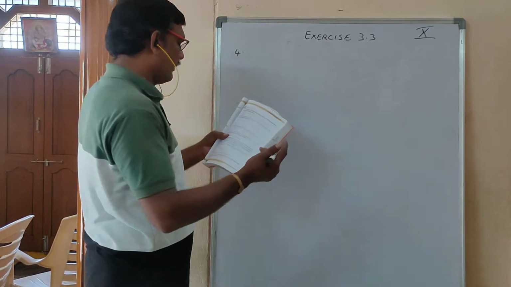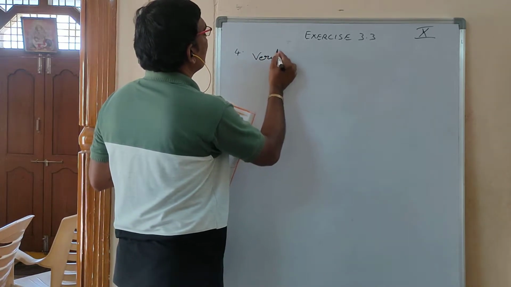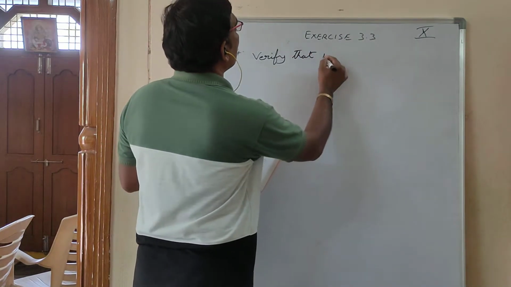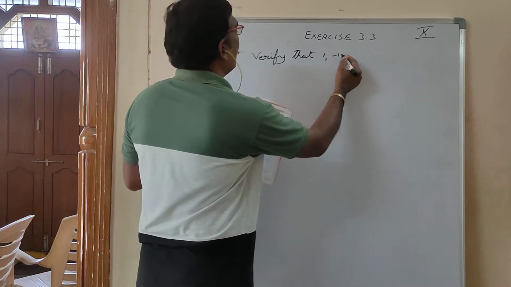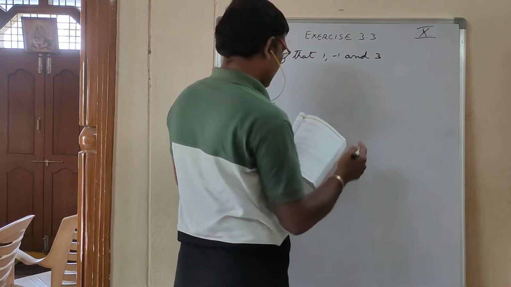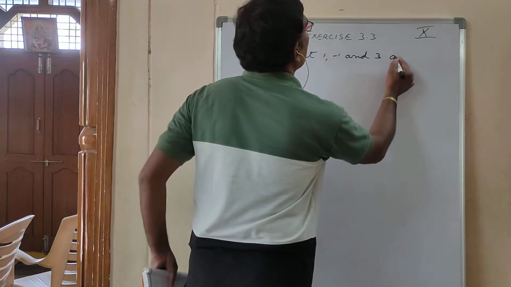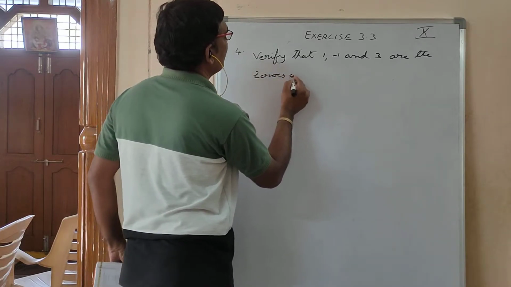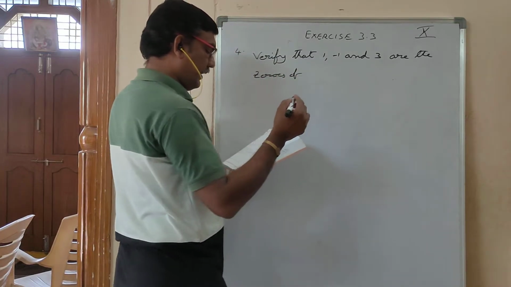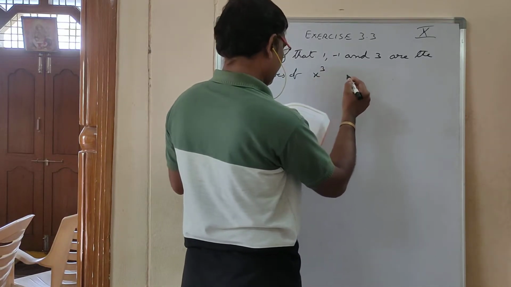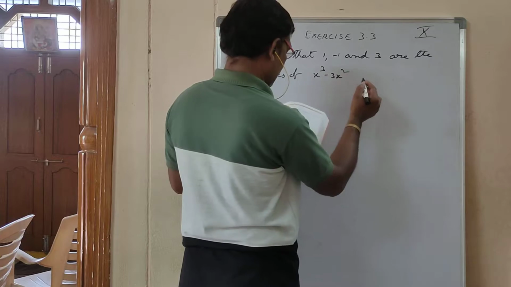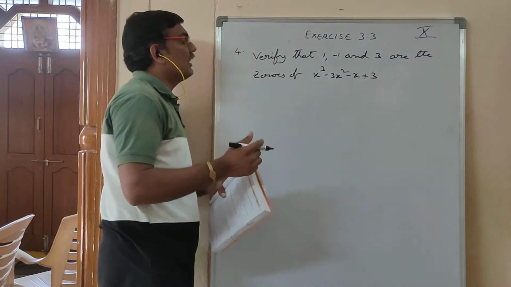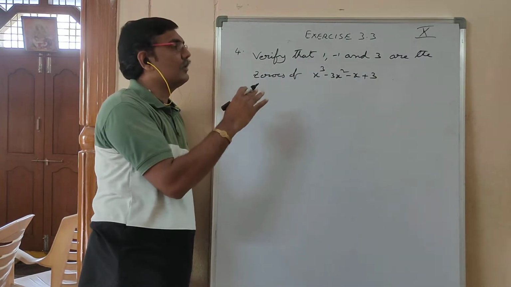They have given: verify that 1, minus 1 and 3 are the zeros of the cubic polynomial x cube minus 3x square minus x plus 3, and check the relationship between zeros and coefficients.